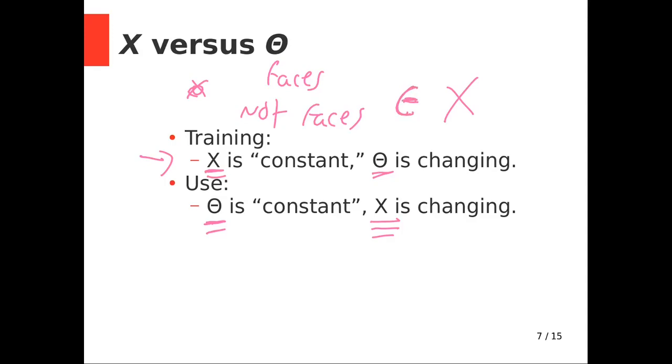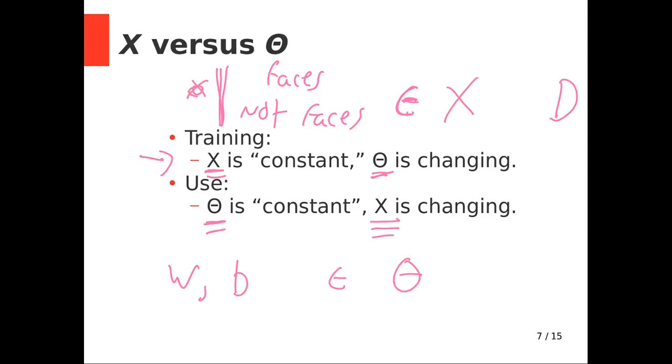And then if you're training a neural network, your weights and biases are the parameters in theta. While you are training, your sample set of images is probably fixed, right? You are not generating new images in the general case, and you are not generating new labels, right? So x and d are fixed. And theta is what's changing. You are tuning the weights and biases, okay?